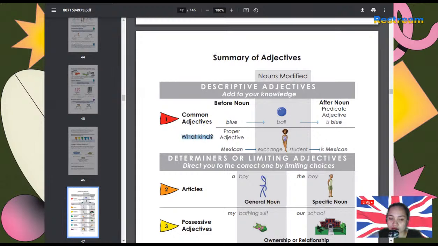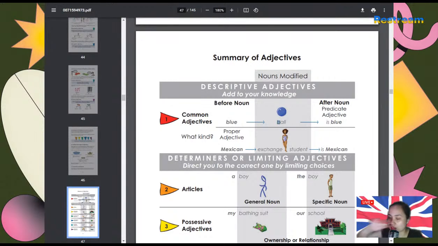What kind? So first, let's go to the first one. The common adjective that we use here is blue. The noun being modified is the ball. So the ball is a noun, right? Next, after the noun, the predicate adjective is blue. So we will read it as the ball.